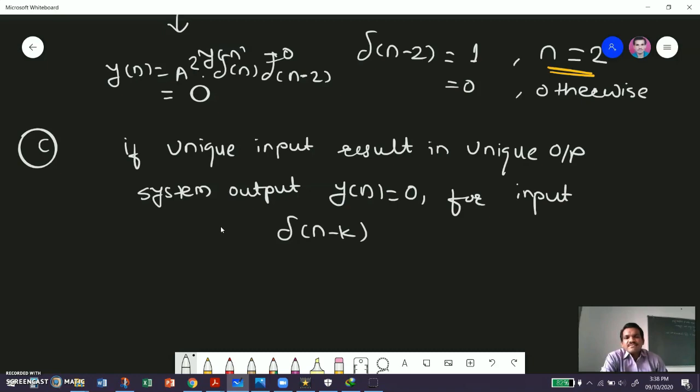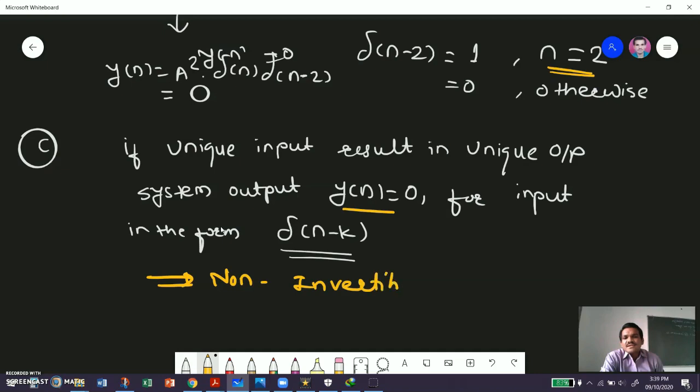Whenever we have an input in the form delta n minus k, the system output is always 0. This implies that the system is non-invertible. Fine.